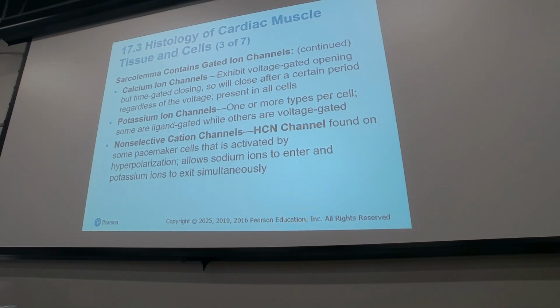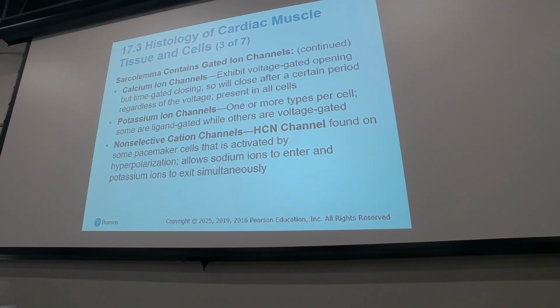And then we have non-selective cation channels, or HCN, that can be activated when you have hyperpolarization. If you remember from action potentials, we have several phases, including depolarization, which means the cells are less negative; repolarization, when the cells return to negative; and then hyperpolarization, when they become more negative than usual.